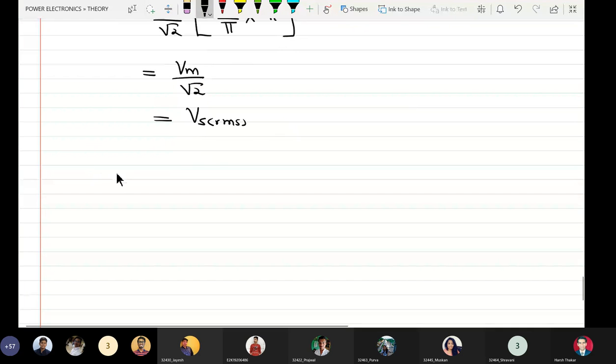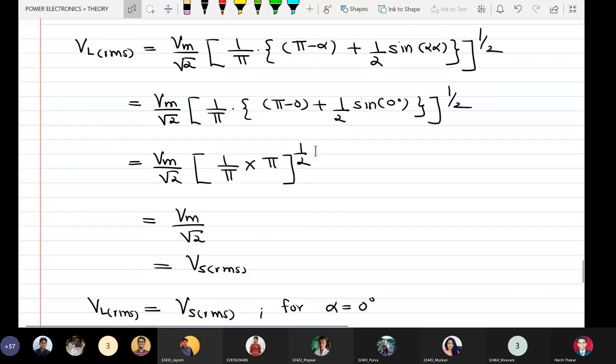Okay, so VLRMS is equal to Vs RMS for alpha equal to 0 degrees.